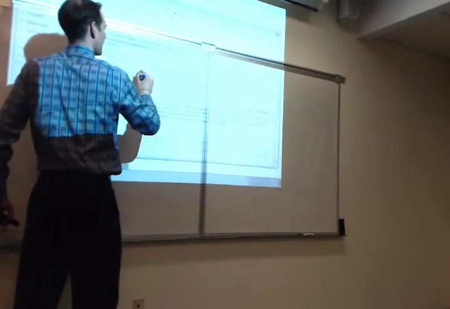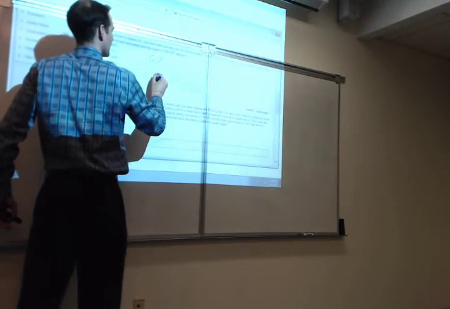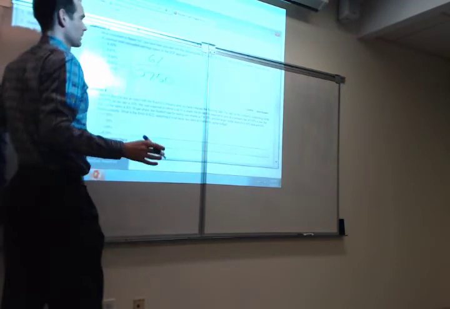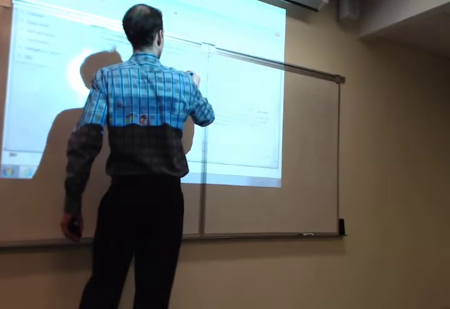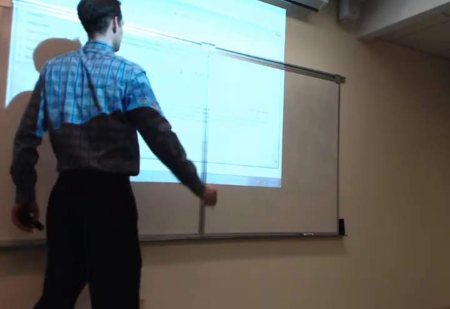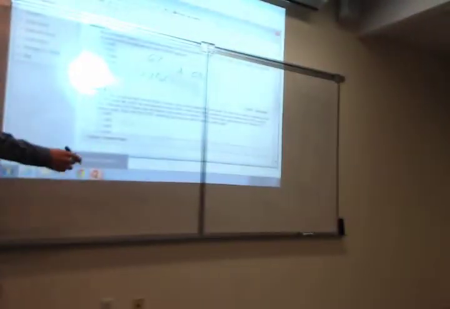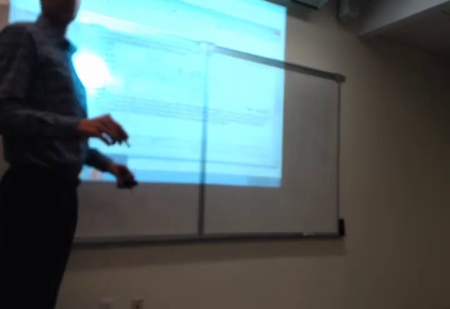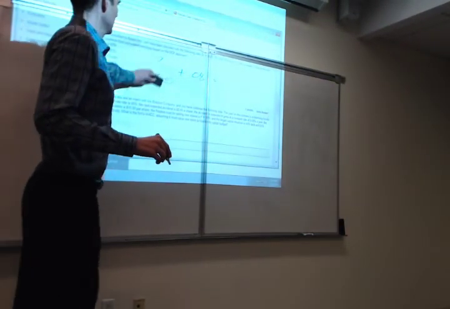So divide by 27.50. There's no flotation costs. We're good there. Plus 0.08. And that should give us the right answer once we calculate it out. Right? All right, we're good there?